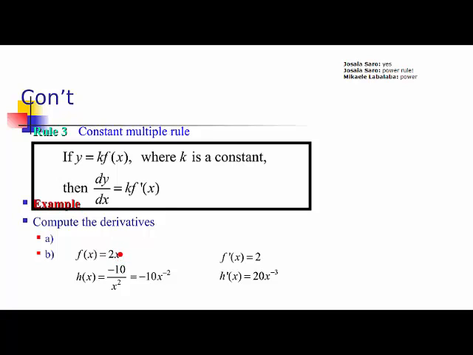So in that case, what you will do is just the normal thing. Whatever the power is, it will get multiplied in front with a constant and then do -1. Any problem with this rule? Constant multiple rule? Shall we move ahead? Okay, good.